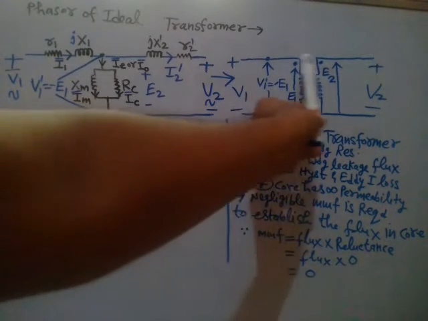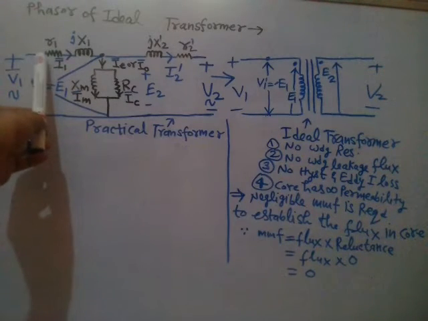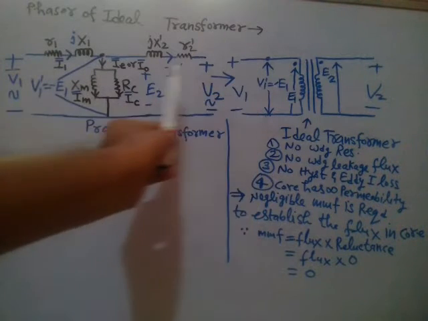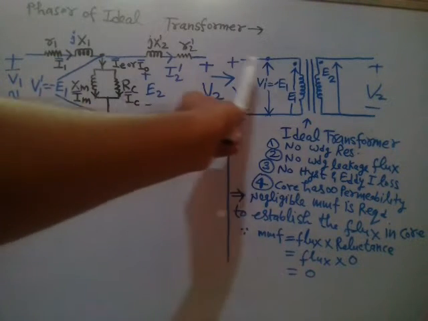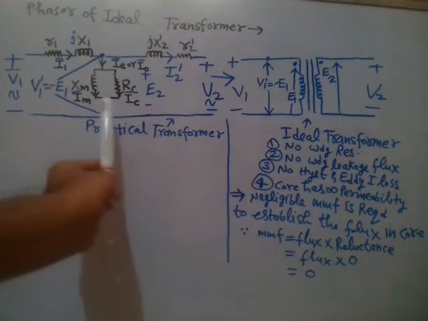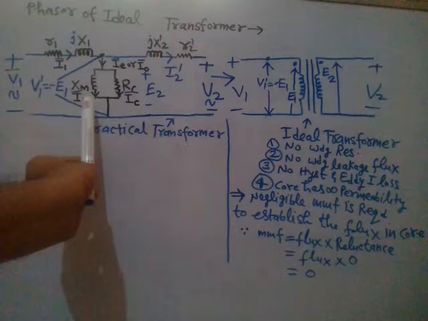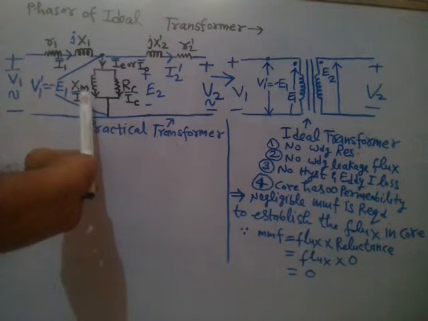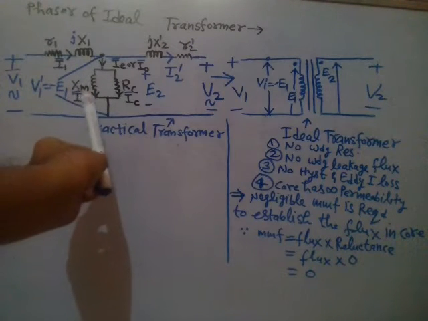If you see the circuit diagram of the ideal transformer, it will be like this. Remove R1 because winding resistance is zero. Similarly, remove the winding leakage reactance X1. Negligible MMF is required to establish the flux, so remove the magnetizing reactance Xm.